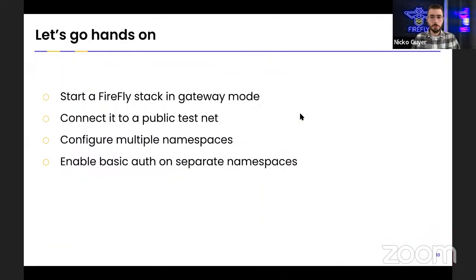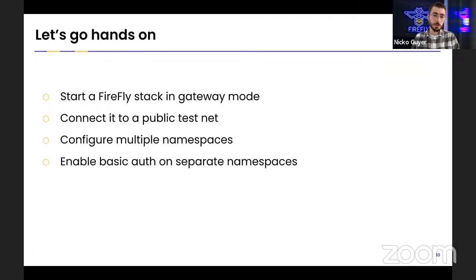What I want to walk you through is something that basically hits all the new features. I've actually done a little bit of this ahead of time just to save time, so you don't have to sit here watching my machine spin up a bunch of services and configure a bunch of things. But we're going to start a FireFly stack in gateway mode.